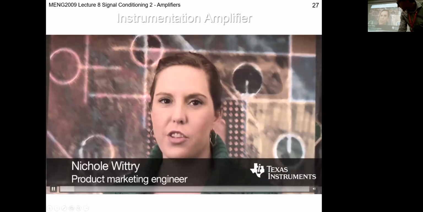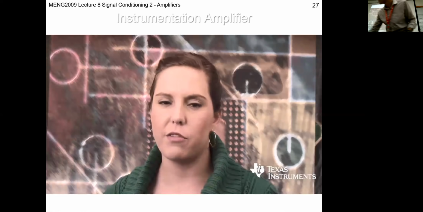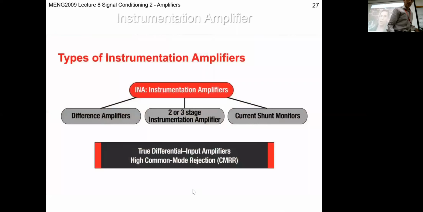The term instrumentation amplifier is properly used to describe a category of true differential input amplifiers that emphasize high common mode rejection and accuracy. More commonly, the wide category of instrumentation amplifiers, or IAs, is broken up into 3 more specific categories of 2 or 3 stage instrumentation amplifiers, difference amplifiers, and current shunt monitors.